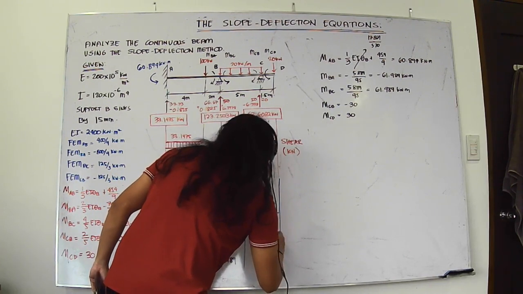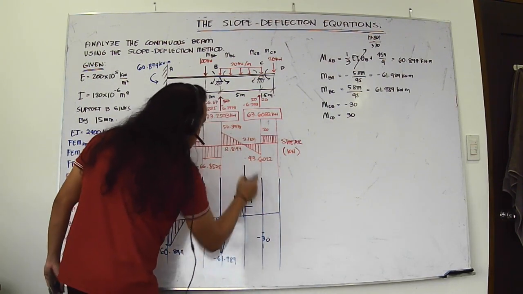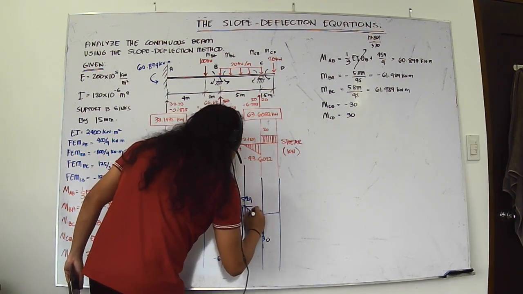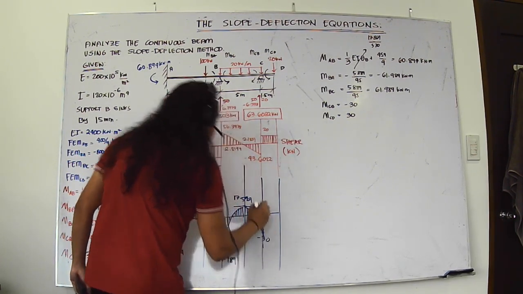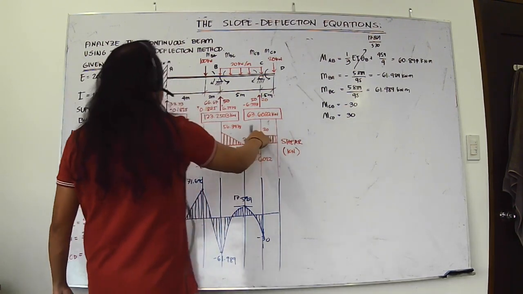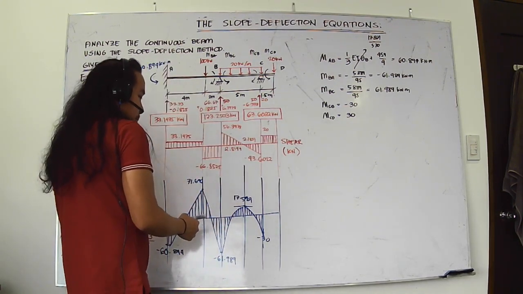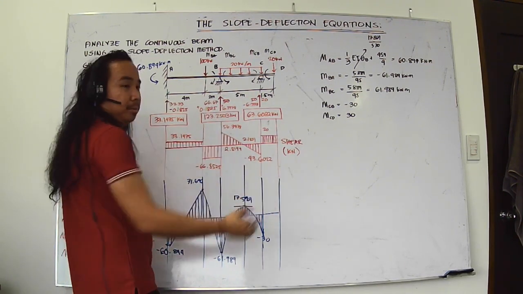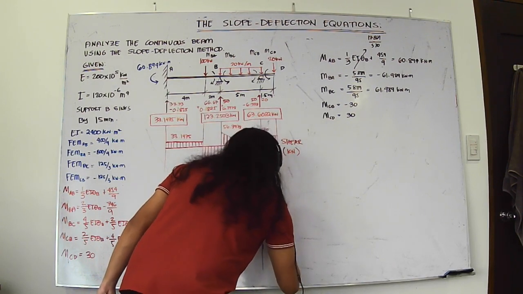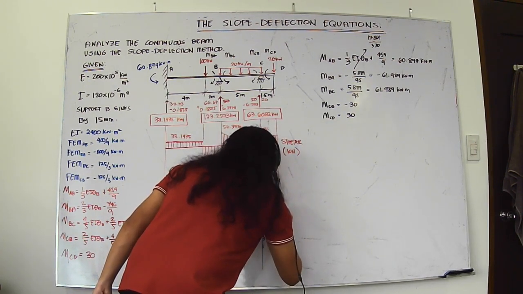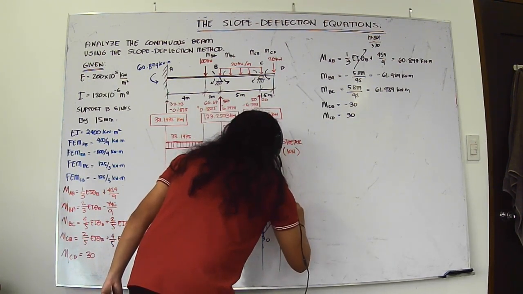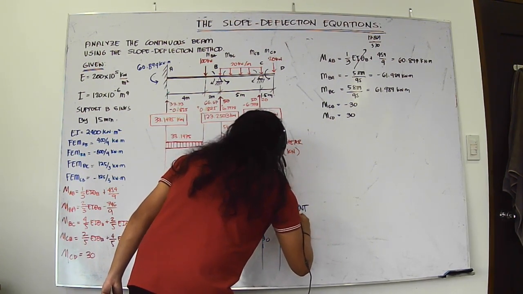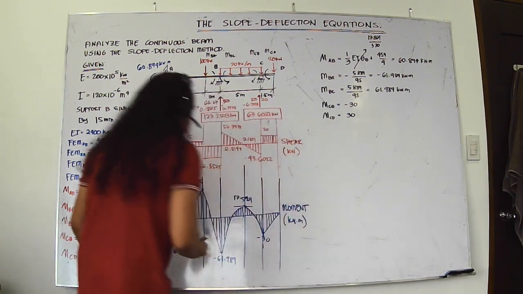Then the area is 20 times 1.5, that is 30. Negative 30 plus positive 30 brings everything back to equilibrium. This is our moment diagram in kilonewton meters.